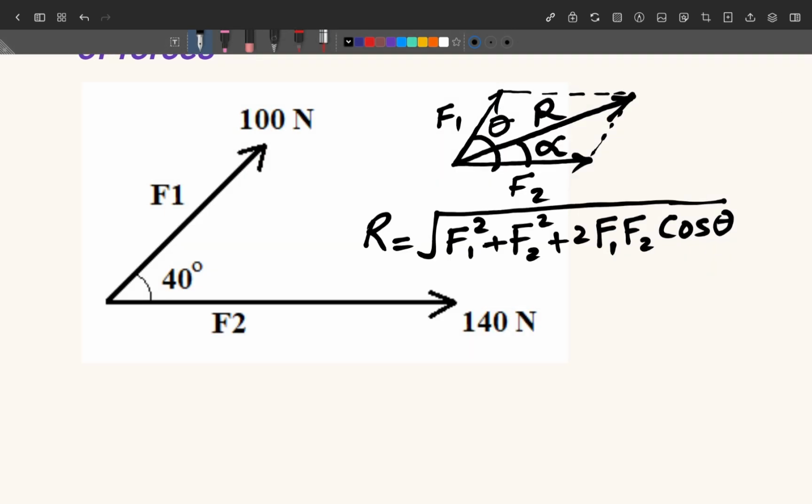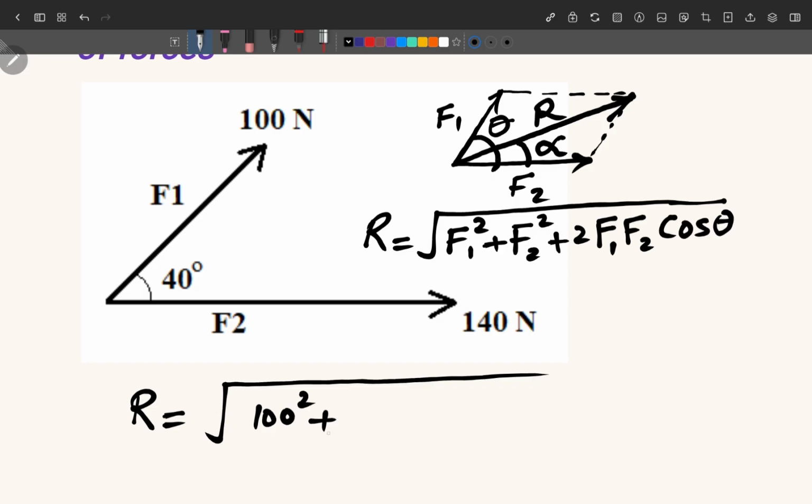So we can write R equal to the square root of F1 square, that is 100 square, plus 140 square, plus 2 into 100 into 140 into cos of 40.